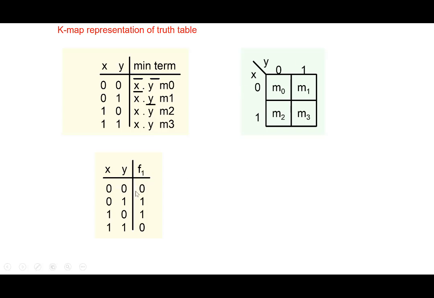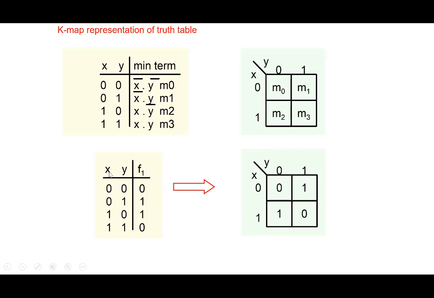So for example, this is a truth table here, and it's a function of two variables. So we put x here, we put y here, and x can take again 0 and 1, y can take 0 and 1 here. And so the idea is now when x is 0 and y is 0, the output is 0 here. So we put in this particular box 0.